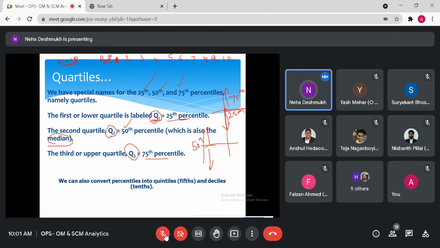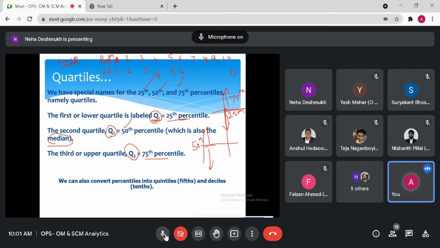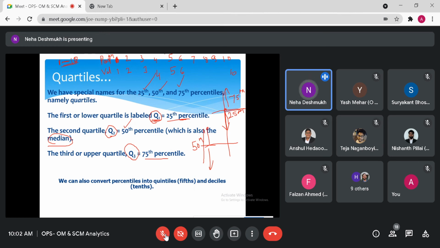Either location or position. Now value at that position is also 1, 2, 3, 4, right? Up to 10. At first position value is 1, at second position value is 2, third 3. Now the 50% means center of this position is 5. Agree with me or not?